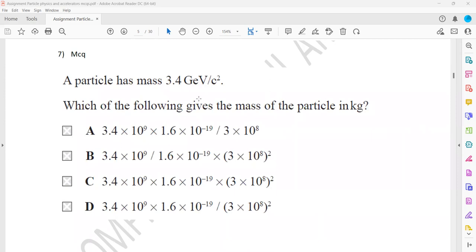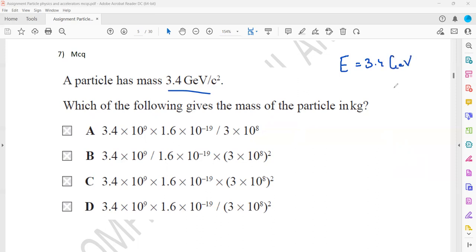Question 7, a particle has a mass of 3.4 giga electron volt per c square. Which of the following gives the mass of the particle in kilogram? Remember, as I mentioned, the mass in giga electron volt per c square is the same as energy in giga electron volt. So this particle will have the energy of 3.4 giga electron volt.